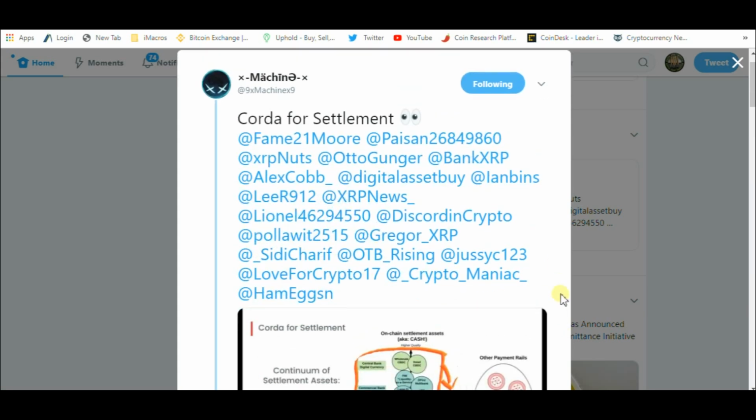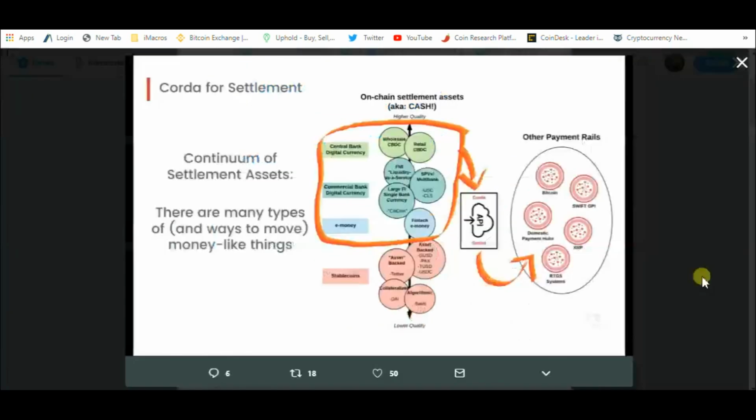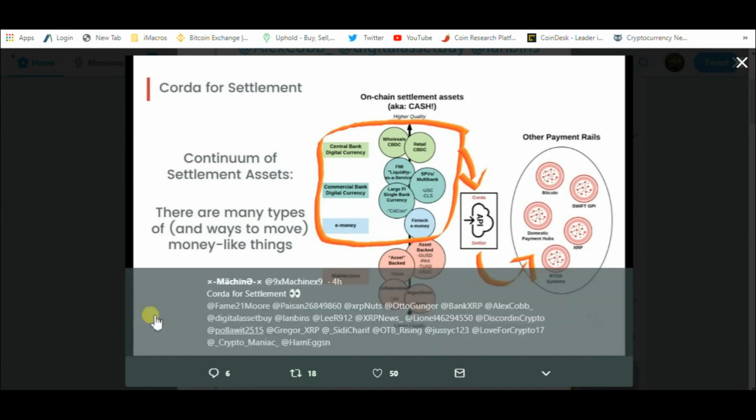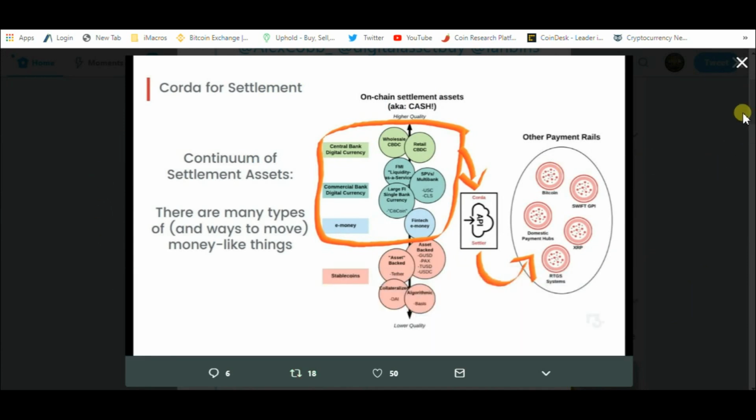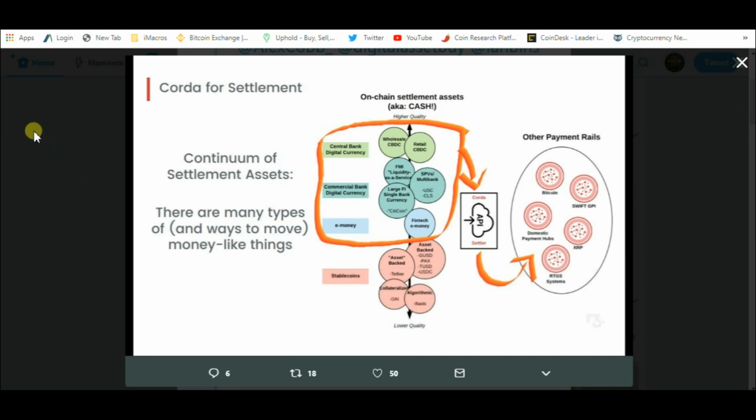But this is from X9, and the slide is this, and this is pretty fascinating. Now, this really shows you what is about to happen and where everything is going. If you look over here on the left, continuum of settlement assets. There are many types of and ways to move money.